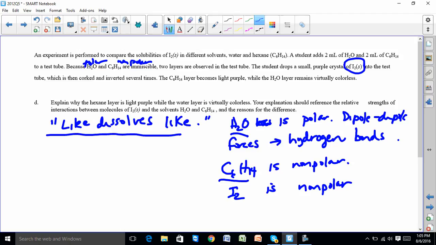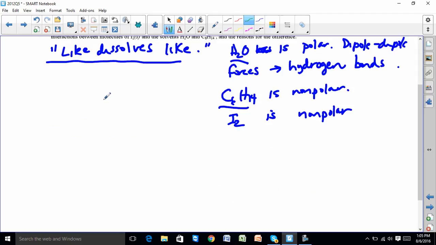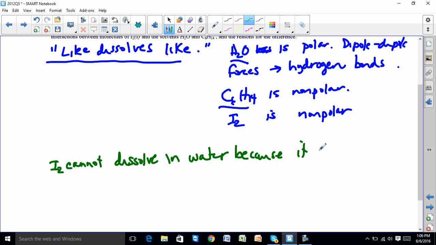And so I'm going to roll down, I'm going to switch colors, and then we're going to say something like I2 cannot dissolve in water because it would need to disrupt the hydrogen bonds.